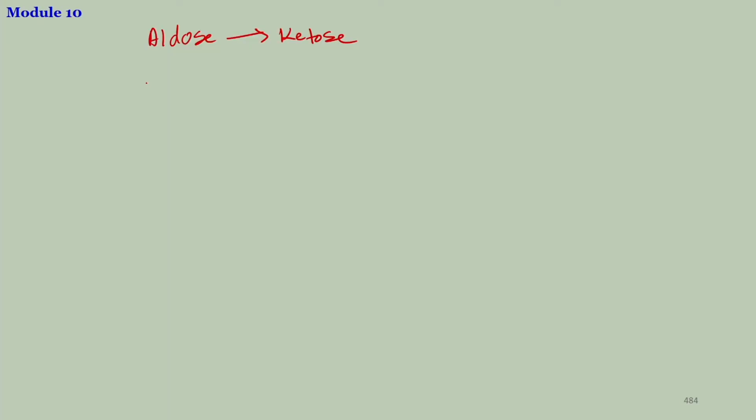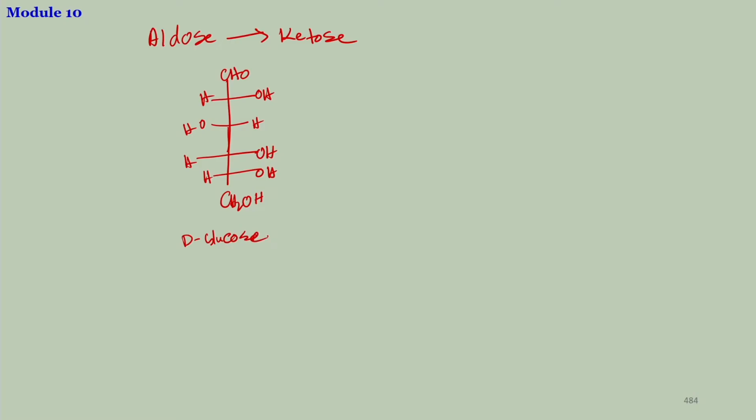If you start with CHO, CHOH, and so on, down to CH2OH, this is your D-glucose.